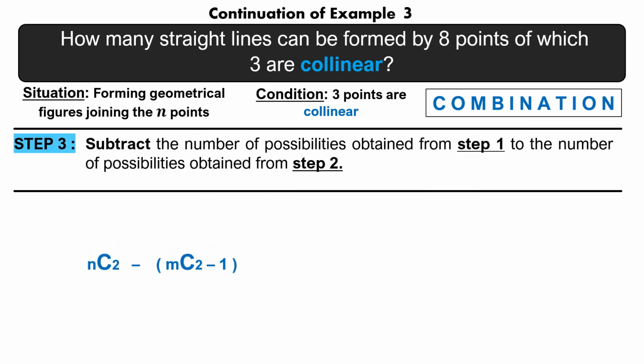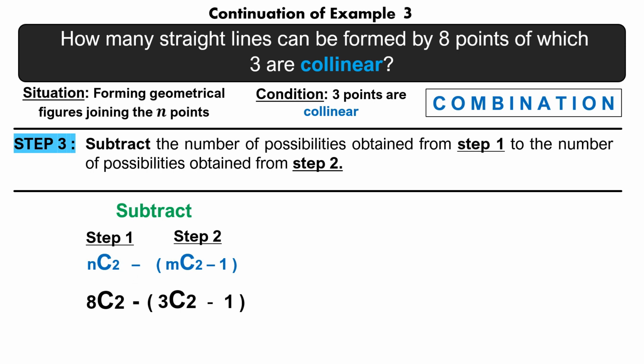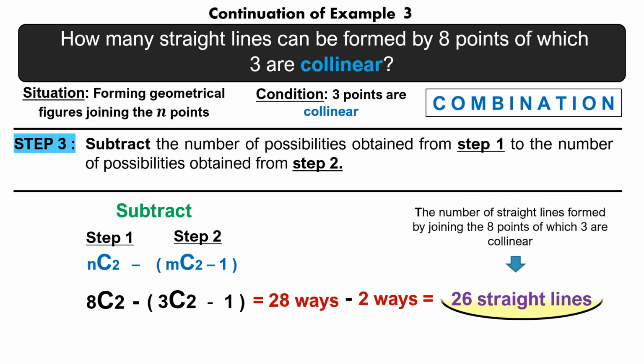Subtract the number of possibilities obtained from step 2 from the number of possibilities obtained from step 1. 8 choose 2 minus quantity 3 choose 2 minus 1 equals 28 ways minus 2 ways. So, the number of straight lines formed by joining the 8 points, of which 3 are collinear, is 26 straight lines.